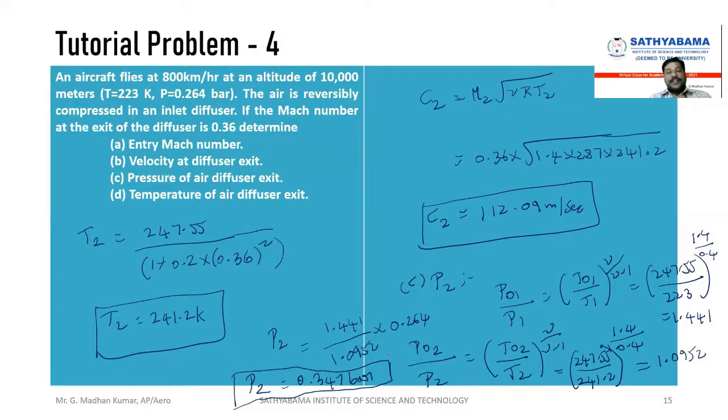Sebastian, check with your answer. Yes. So we have found the value of pressure of air at the diffuser exit, and the temperature of air at the diffuser exit, T2, has already been evaluated. So P2 is 0.347, right?